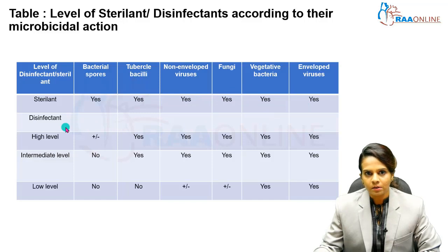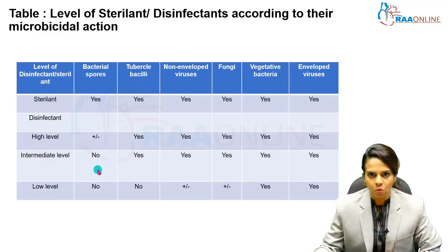Whereas a high-level disinfectant can kill bacterial spores if used in sufficient concentration, and also tubercle bacilli and all other microbes. Intermediate level and low level disinfectants cannot destroy bacterial spores, and a low level disinfectant cannot destroy bacterial spores as well as tubercle bacilli, with varying actions on non-enveloped viruses and fungi.